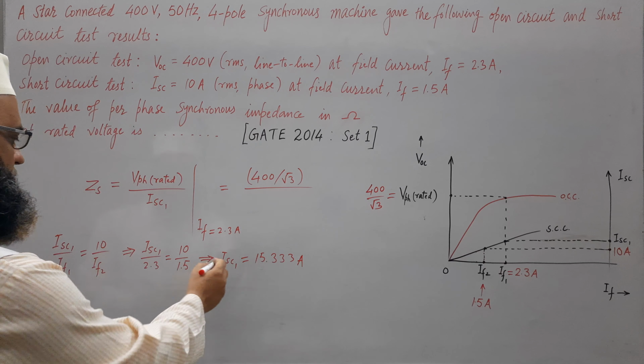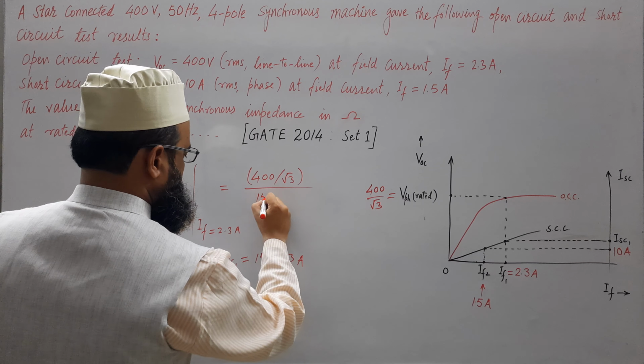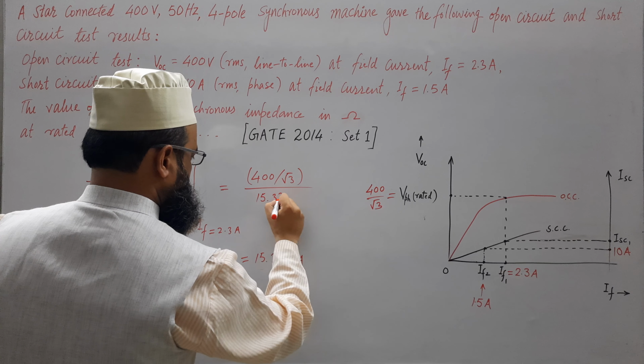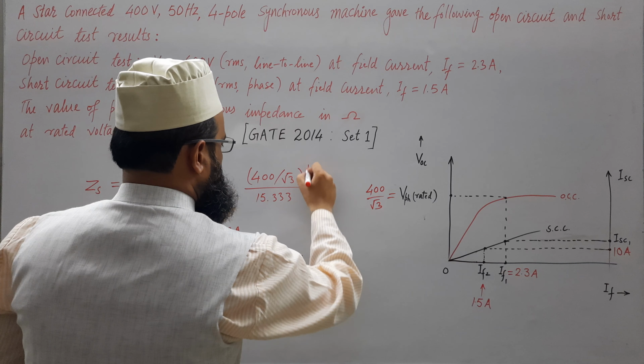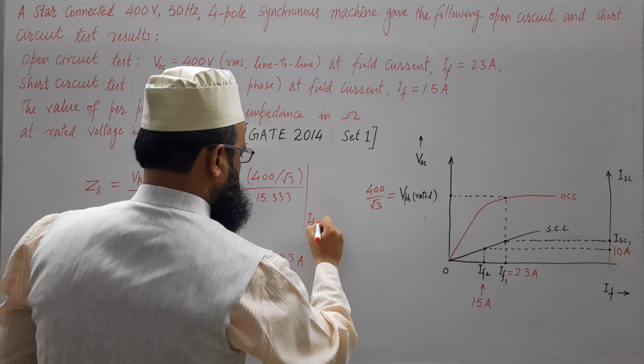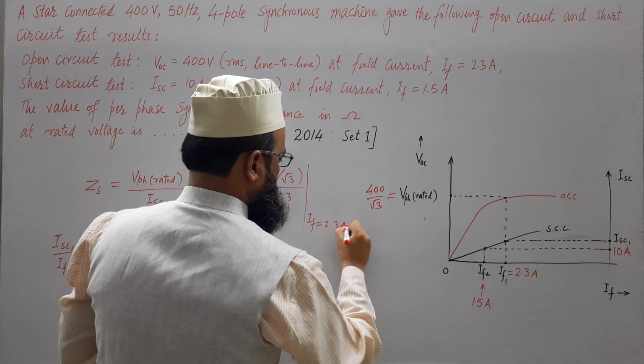Now substitute this value of ISC1 here. So we write 400 upon root 3 upon 15.333, at IF equal to 2.3 ampere.